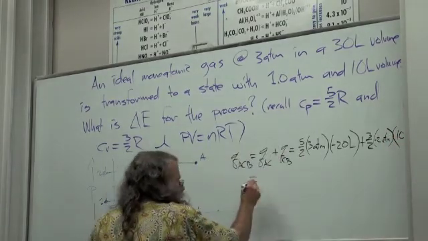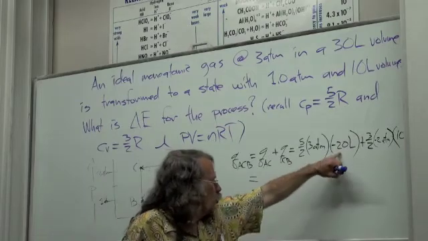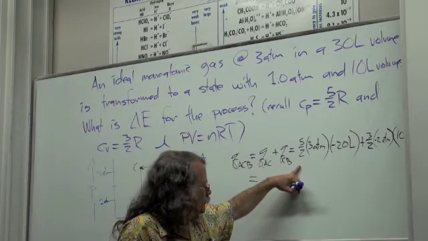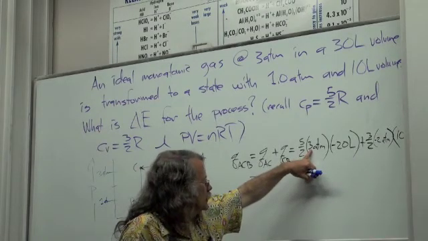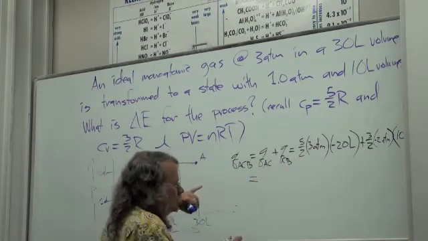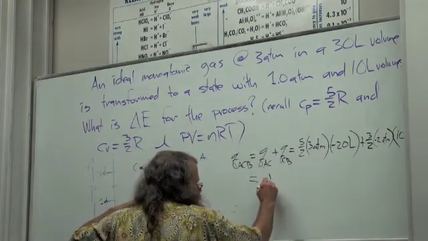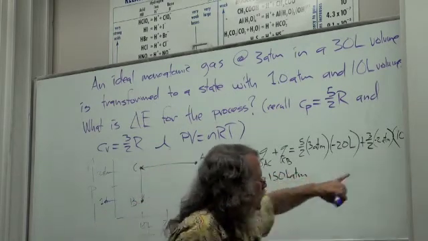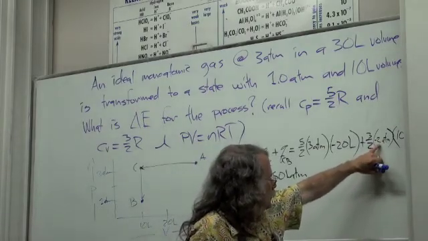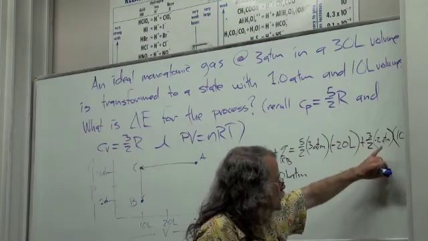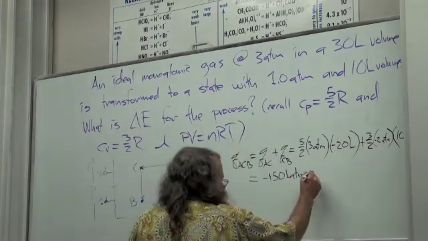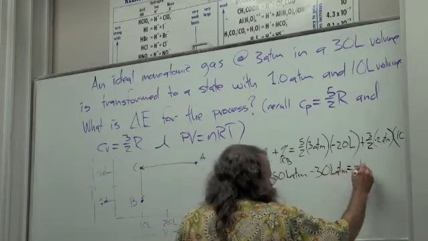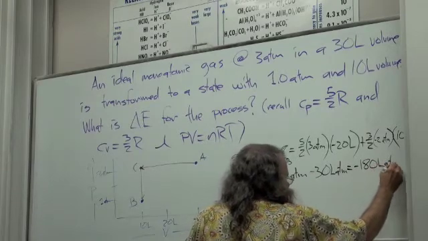Now let's do the math. 20 divided by 2 is 10, 10 times 3 is 30, and 30 times 5 is 150, so that's minus 150 liter atmospheres. And the second step: 2 divided by 2 is 1, and 3 times 10 is 30, so that's minus 30 liter atmospheres, for a total of minus 180 liter atmospheres.